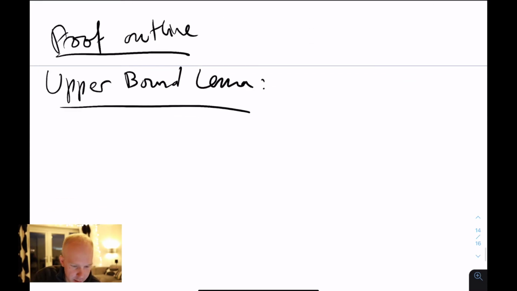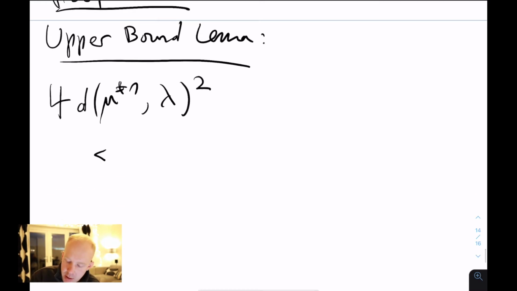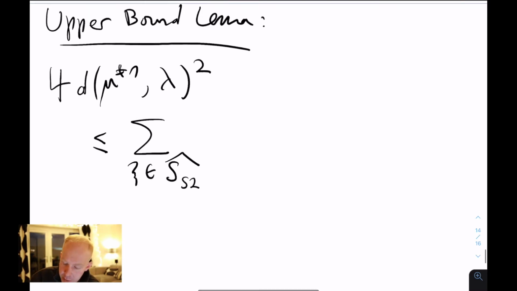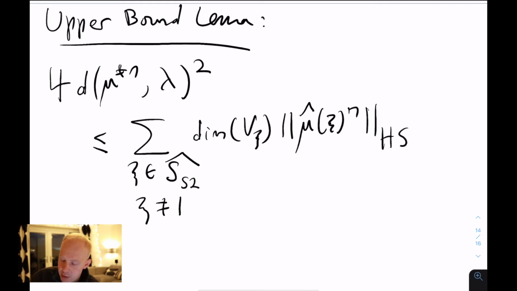If you take the squared total variation distance between mu star n and the uniform distribution, just because I don't want to write the square roots, the upper bound lemma basically says that if you open this up, it is equal to the summation over psi in the dual group of S52, whatever this actually is, this is the hardest part to understand, with psi not equal to the trivial representation, of the dimension of psi, times the Hilbert-Schmidt norm squared of the Fourier transform of mu at psi, to the power n. So that was the upper bound lemma.